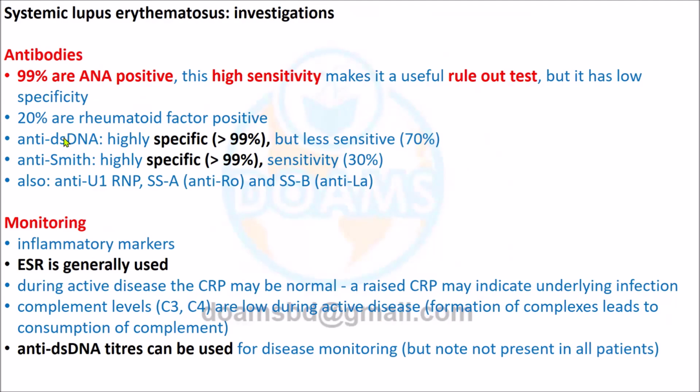Again, if you come down, anti-double strand DNA is highly specific, more than 99%, but less sensitive. Anti-Smith antibody is highly specific, more than 99%, and sensitivity is low, again only 30%.